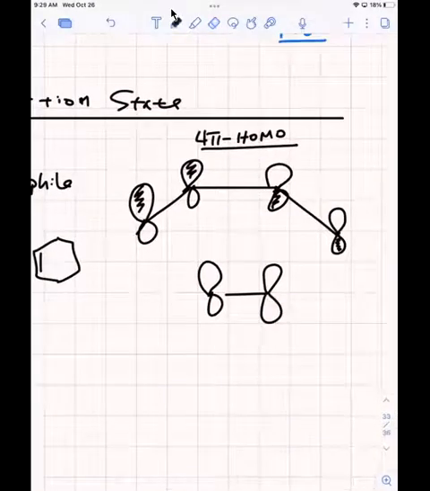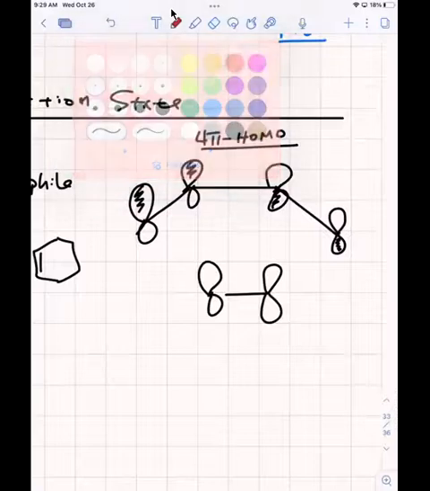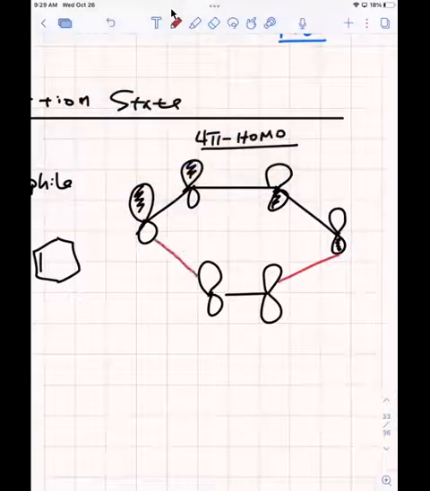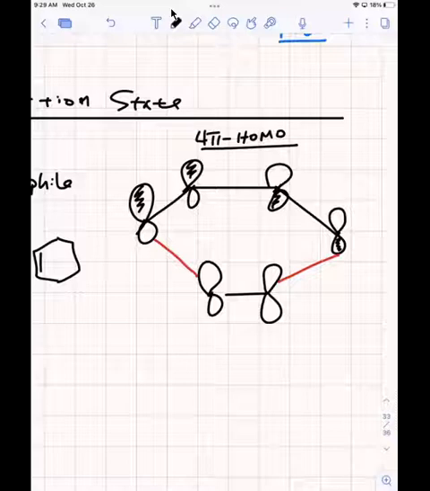So I need these orbitals right here to overlap, and I need these orbitals right here to overlap so I can share electrons. The question now is, how do I want to shade those orbitals so that they overlap properly? I ain't gonna say it's a trick question because it's definitely in the video, but it's kind of a trick question, but I just want to see how you're thinking about this.